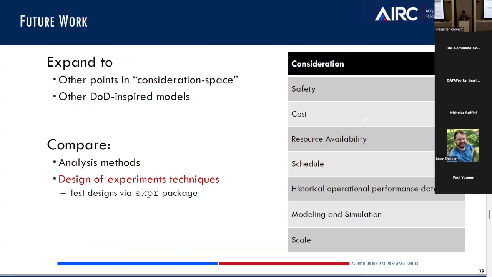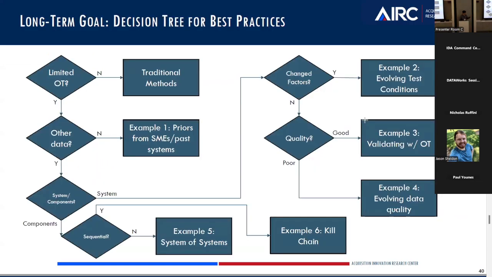And really, longer term, where we would love to go is, I mentioned that different places in that consideration space might need different analysis approaches. So you might imagine a decision tree for an analyst that walks them through, okay, what does my program look like? And maybe what is the right way to approach it?